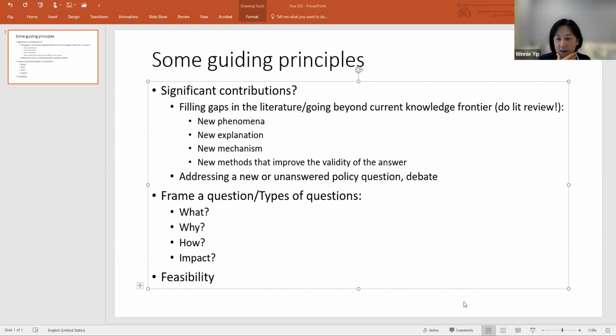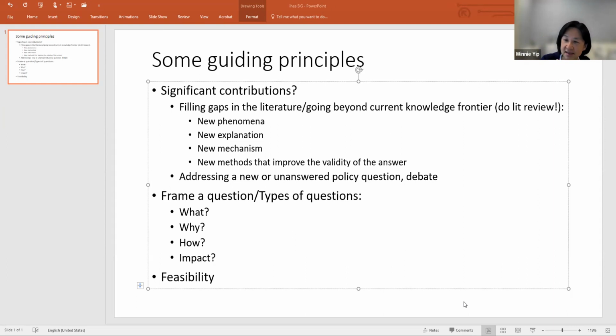The second way to think about significant contribution, maybe because it's more my background and area, is coming from the perspective of a policy question. Is this a new policy question? Is it addressing a debate in a particular policy? When you're looking for a question, looking for a debate is a great way to find a new question, right?